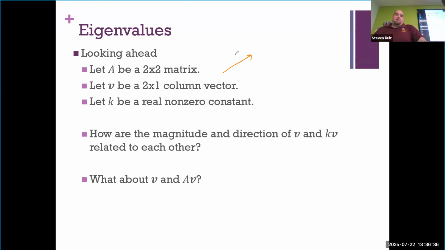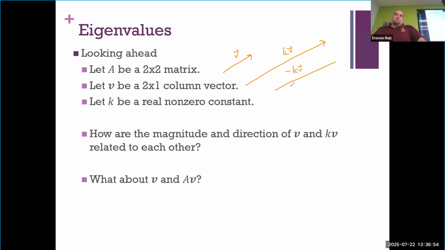Let's say this is V, and let's say K is bigger than 1 and positive. That's KV. Directions are the same, right? What if K is a negative number? It would go directly opposite.